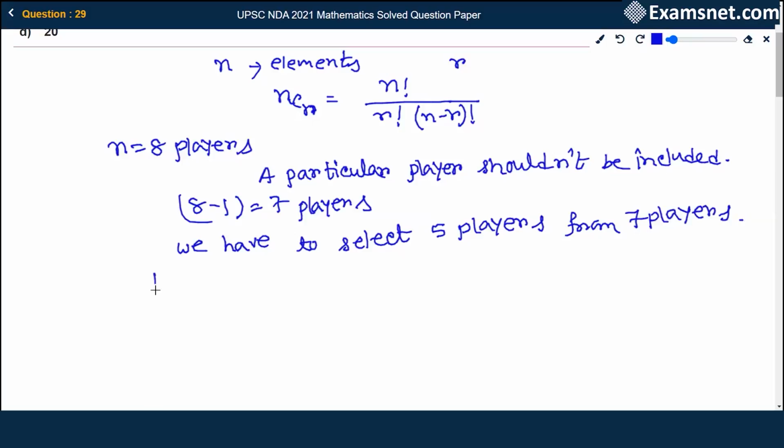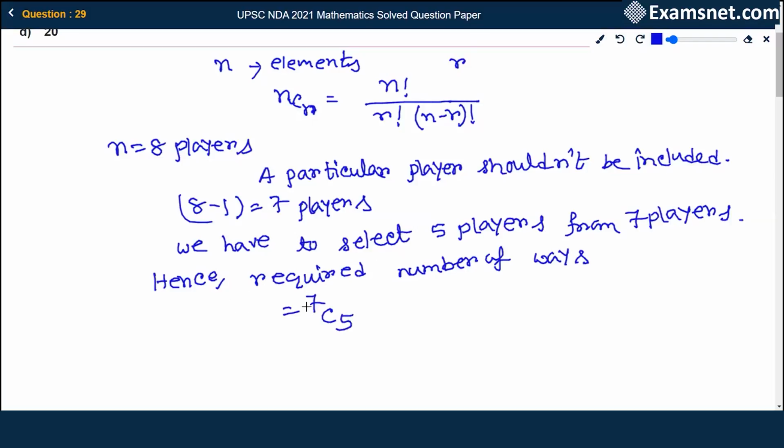Hence, the required number of ways is 7C5. Here n becomes 7 and r equals 5, right?